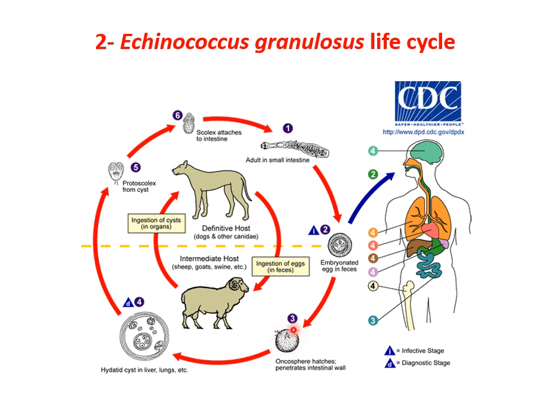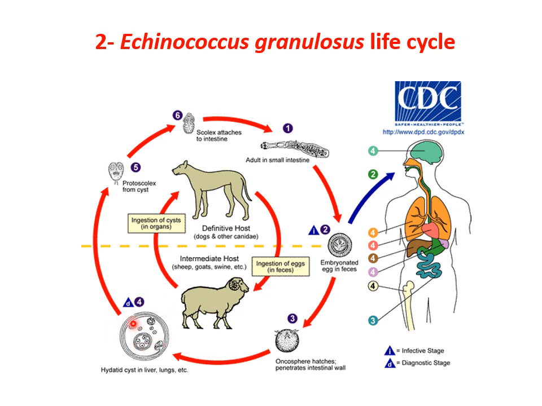The usual life cycle happens whenever a sheep, goat, or swine ingests embryonated eggs present on the grass they are eating. In the intestine of these animals, the oncosphere hatches and penetrates the intestinal wall, then goes through the circulation to reach other organs, including the liver and the lung, where it will develop into a hydatid cyst.